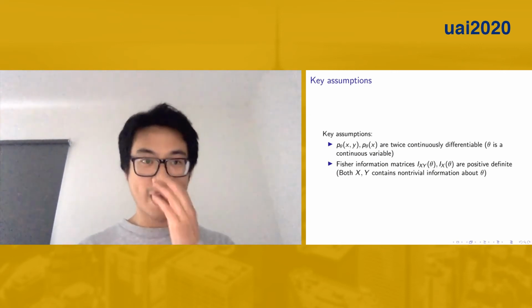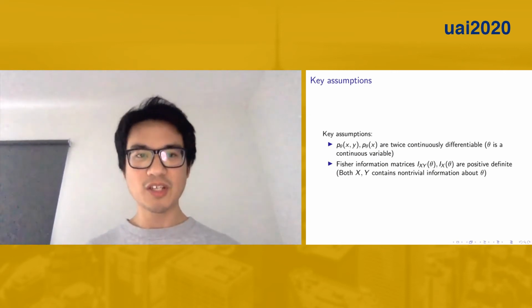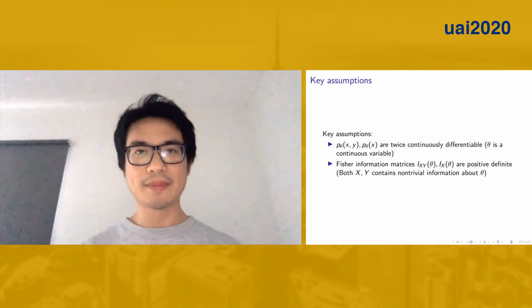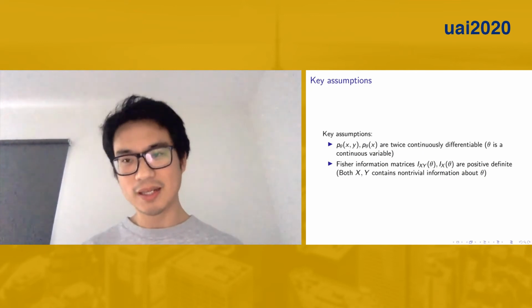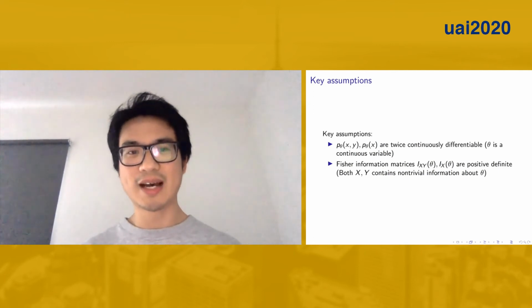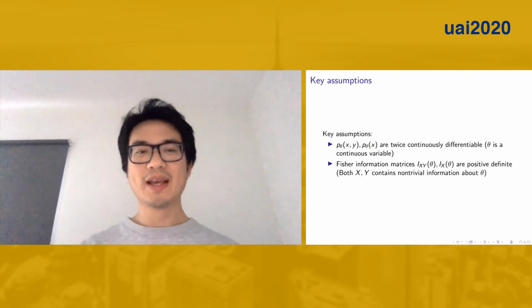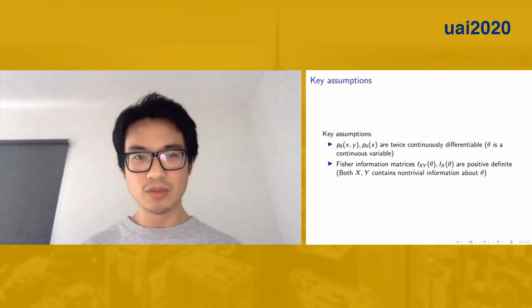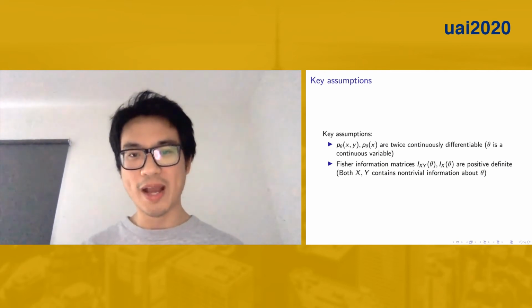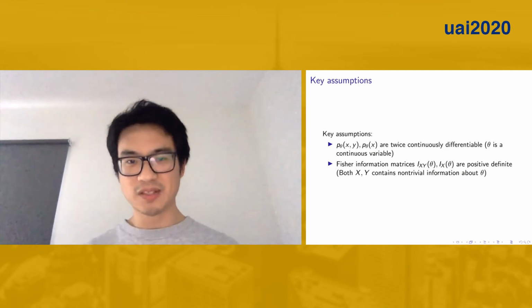To prove our theorem, we have two key assumptions. The first one is that the two density functions are twice continuously differentiable with respect to theta. In other words, we are considering theta as a continuous variable. And secondly, the Fisher information matrices of those two distributions, which I denote I_xy and I_x, are positive definite.